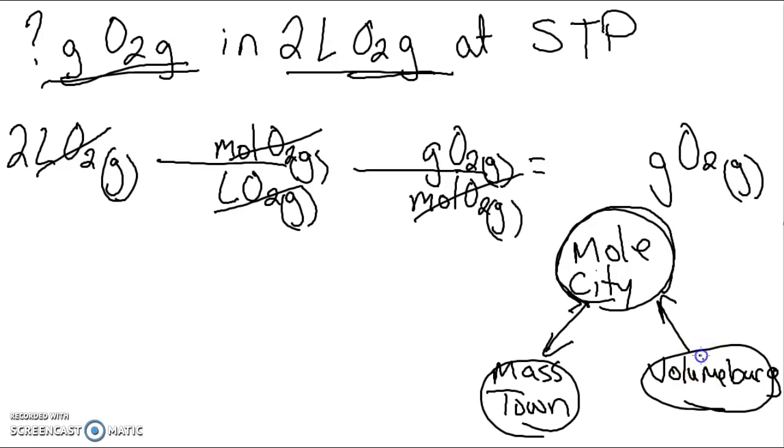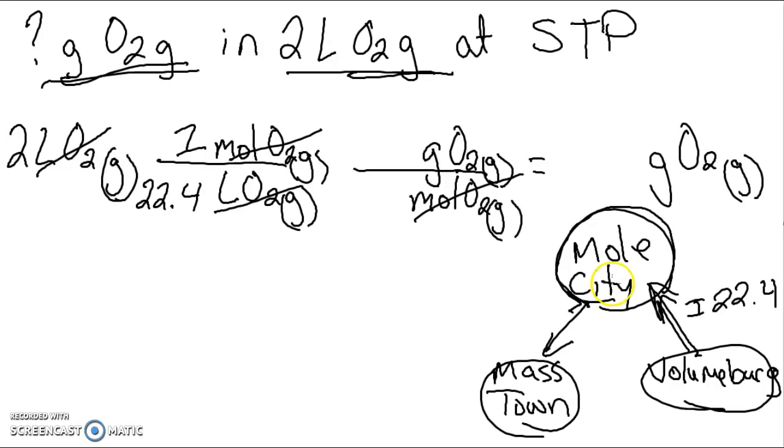In order to get from Volumenberg up to Mole City, we have to use Interstate 22.4. This 22.4 is in terms of liters per 1 mole. So 22.4 goes here, and 1 mole goes on the top.